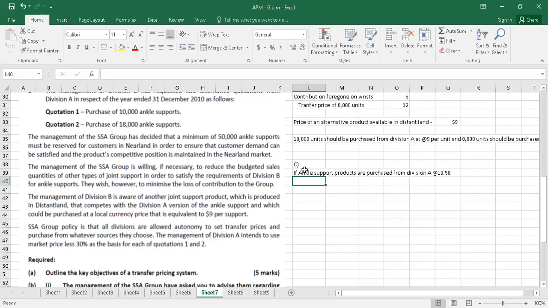That's situation one. Situation two is they buy it from local supplier. If they buy it from division A at 10.5, do they have the capacity to produce all 18,000? No, they do not have the capacity to produce all 18,000. They only have capacity to produce 10,000 units. So the additional 8,000 will be produced by reducing the risk production and diverting those resources to producing ankles.